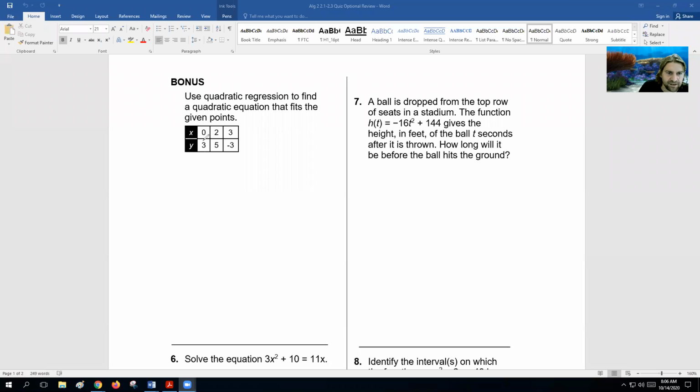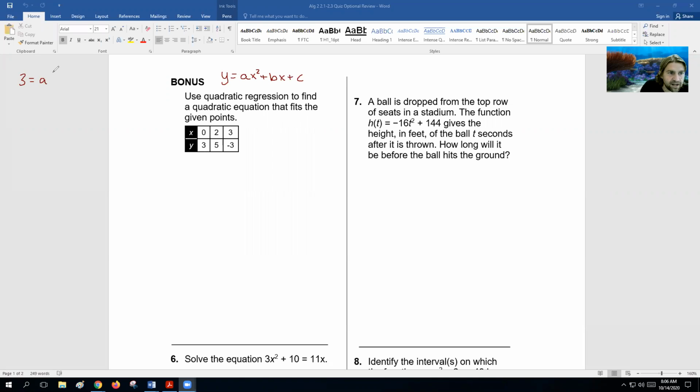Okay, so I know I have a point x, y, and we're always going to use the equation y equals ax squared plus bx plus c. All right, so let's start out with the first one. We got the point y is 3 and x is 0. So 3 equals, oh, this is actually going to come out real nice then.